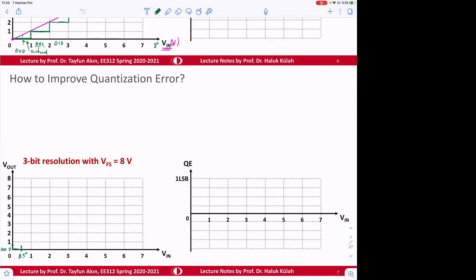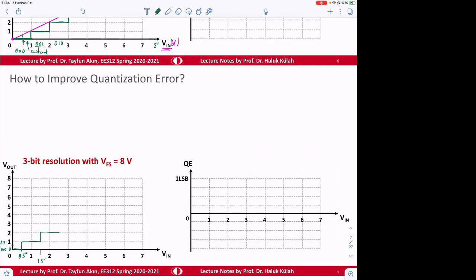When it goes to here, this is going to be 111. You know, 111 goes back to 1 volt. So this will be switching here, the actual. And then up to here, it will be staying, and then just about 1.5 volts, it goes to here, okay?